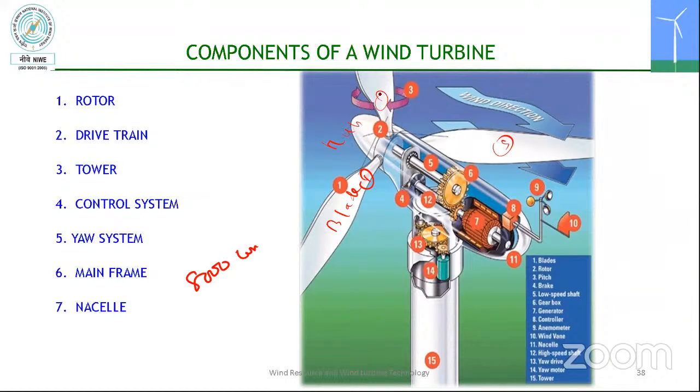The hub and blades together are called the rotor. This is the tower, which supports the entire structure. And the drivetrain. Drivetrain means driving the torque from one place to another.